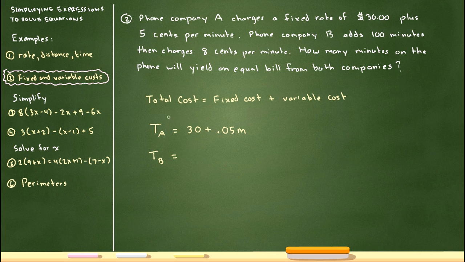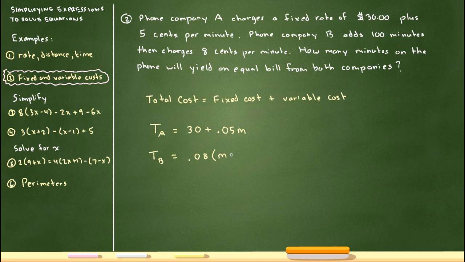Okay, so just like in this problem here, we're working in dollars, so when we see 8 cents, we want to convert this to 0.08. Now, I'm going to open up a set of parentheses, and I'll show you why here. This is 8 cents per minute, right? So we're going to have an M here. So 8 cents times the number of minutes. However, they automatically add 100 minutes to my phone bill. Okay?